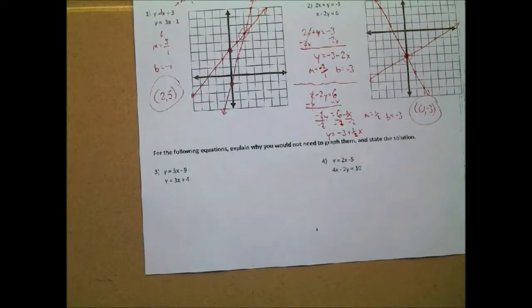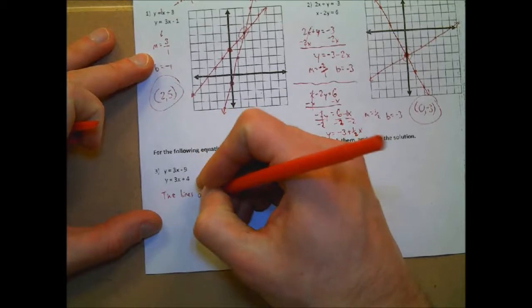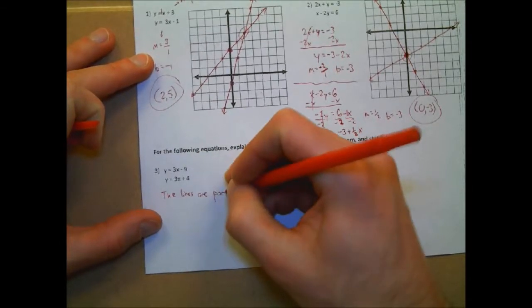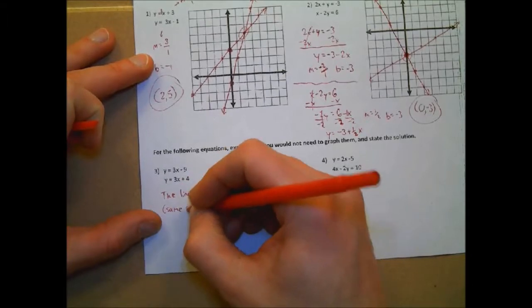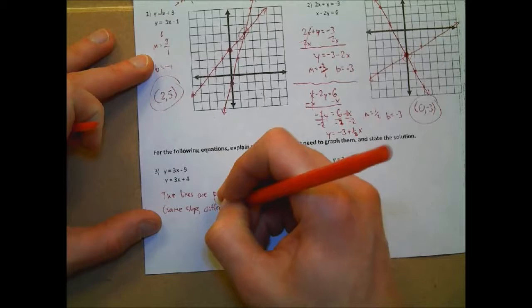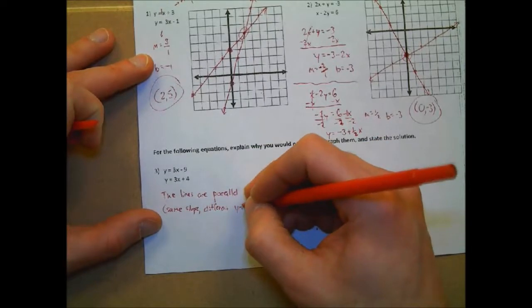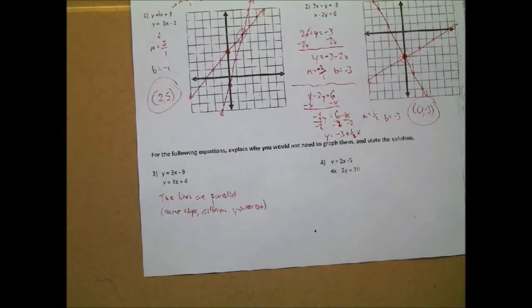Okay? So, what can we say? The lines are parallel. Same slope, different y-intercept. So that's what makes it parallel? Yes, same slope but different y-intercept.